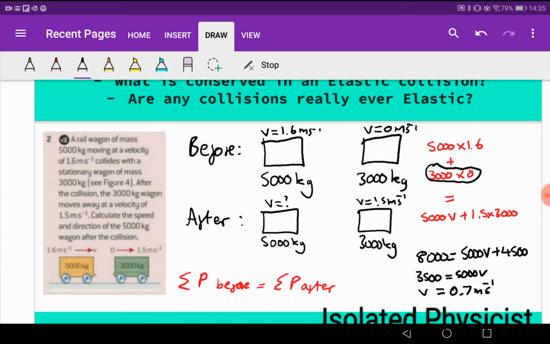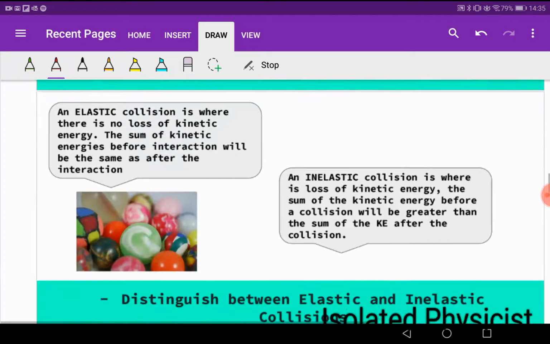Because it's positive, it's going in exactly the same direction as before. So we can take away that question mark and put the answer in as 0.7 meters per second. And you are happy with that? We've done that before. Just a quick recap there.